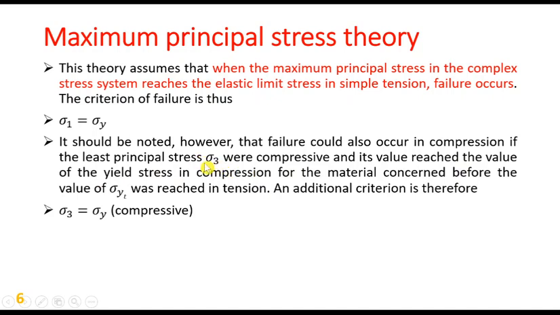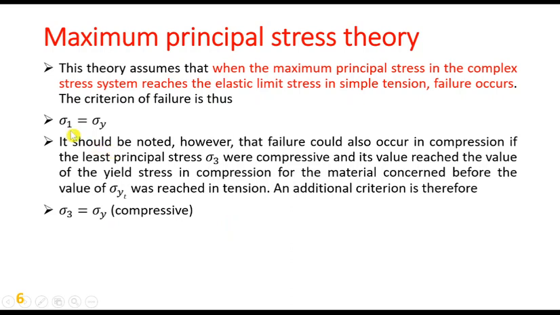So if this value is reaching the yield stress in compression, then we have to equate this with the criteria sigma y, that is the yield stress for the material concerned, before the value of sigma yt. Sigma yt means yield stress in tensile test, T for tensile test, was reached in tension, and the criteria is therefore sigma 3 is equal to sigma y compressive.